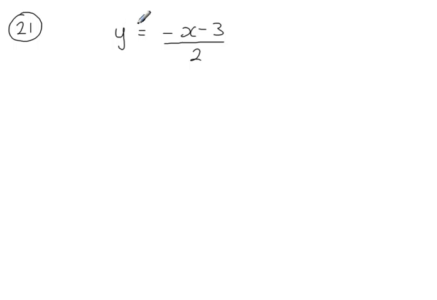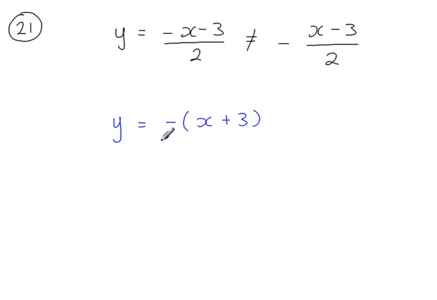Y is equal to minus x minus 3. So would that be equal to, and if I take that minus to the front, would I get this? It's wrong. What I should have done is y is equal to, and if I'm going to put the minus there, so I'm sort of factorizing here, x, that should be plus 3 all over 2.